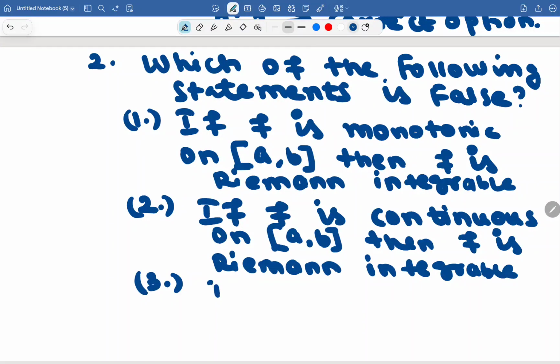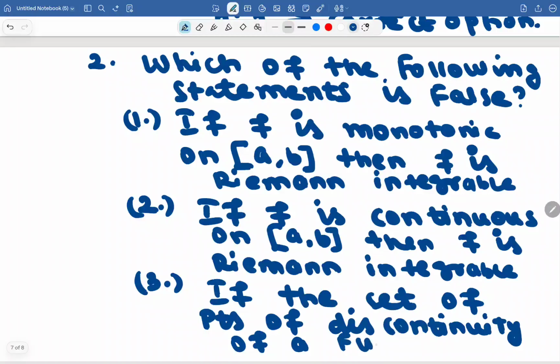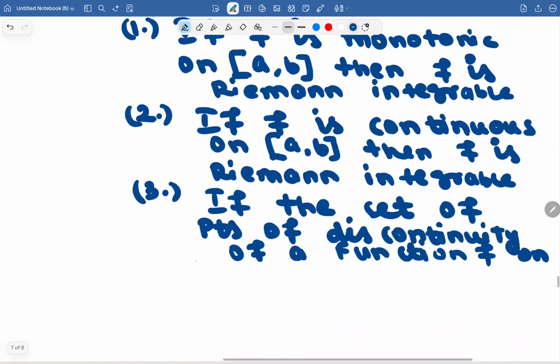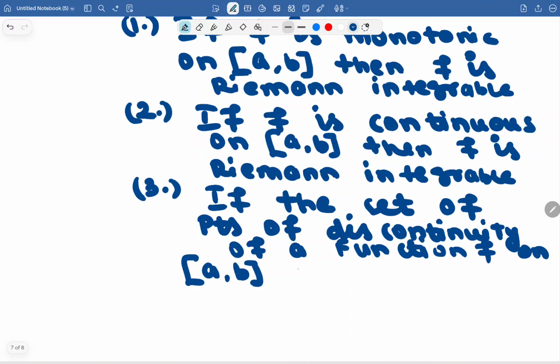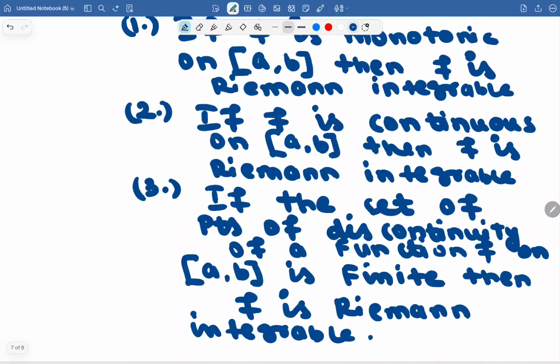Third option, if the set of points of discontinuity of a function f on a comma b is finite, then f is Riemann integrable.